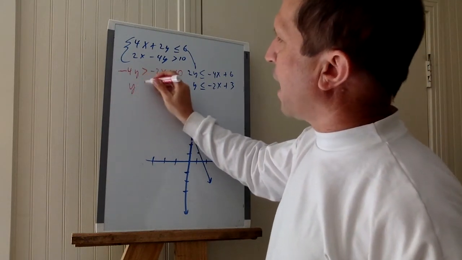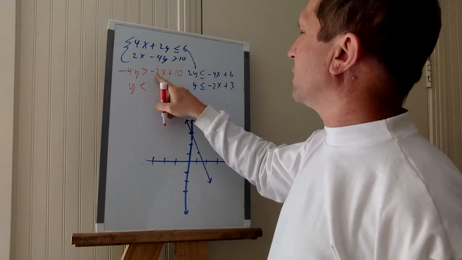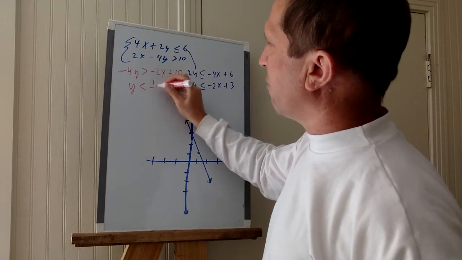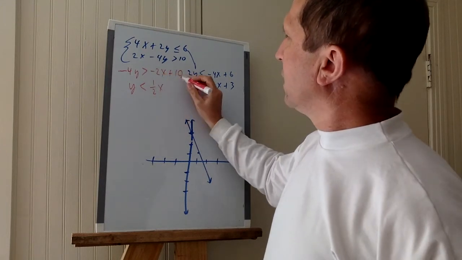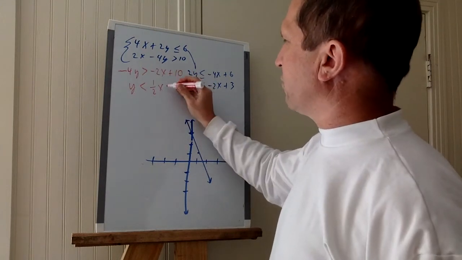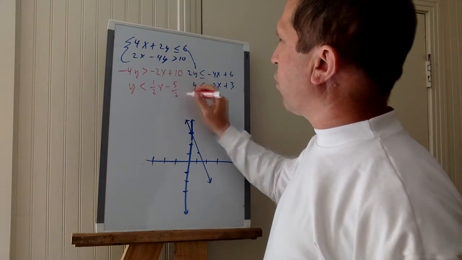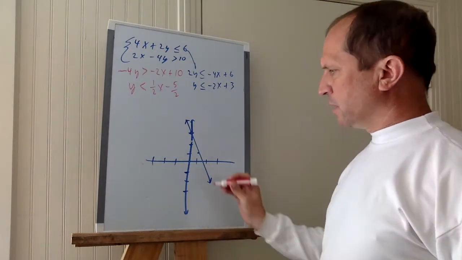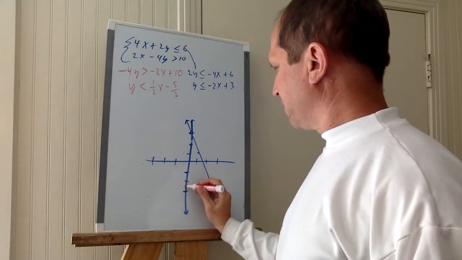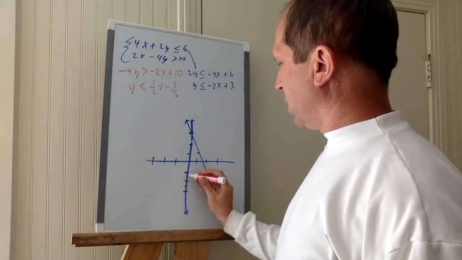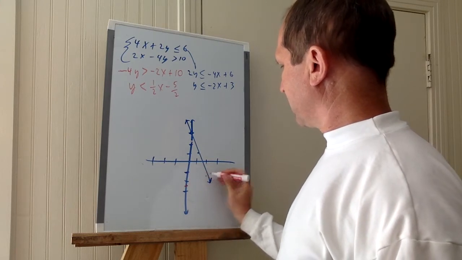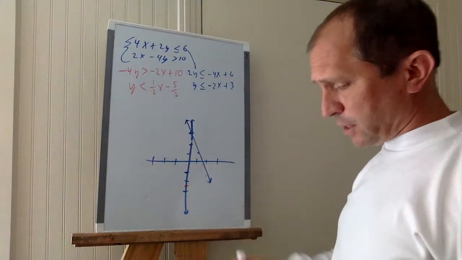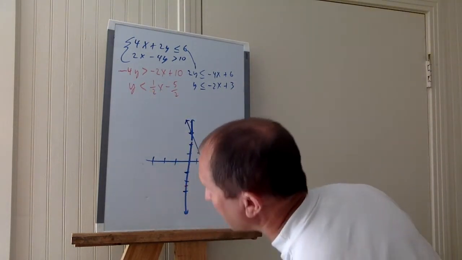So this is going to be y is less than negative 2 divided by negative 4, which is 1/2 x, and then 10 over negative 4 is negative 5/2. So we've got a y-intercept of negative 5/2 and a slope of 1/2. So we go down 2.5 and then up 1 over 2. Puts us there. And now, because this one does not have the or equals, we do a dotted line here.